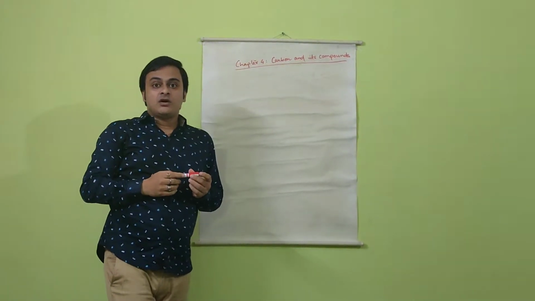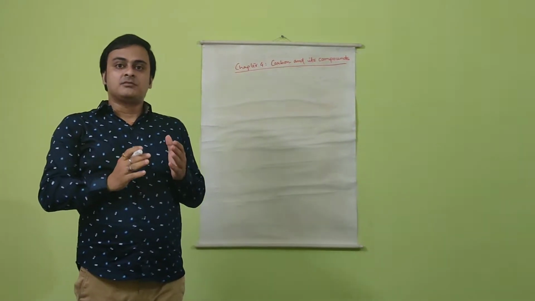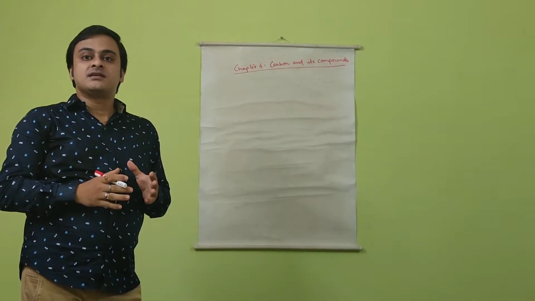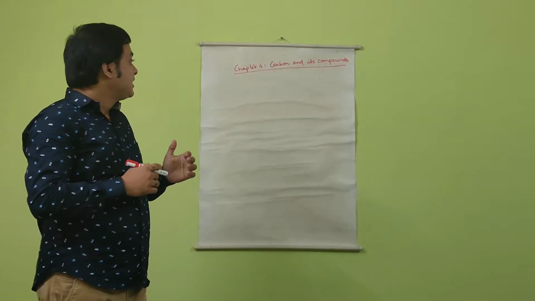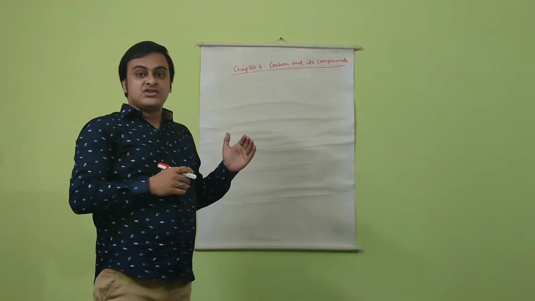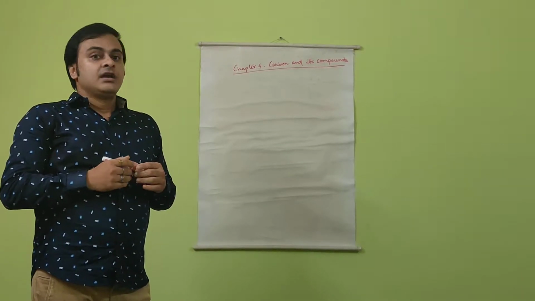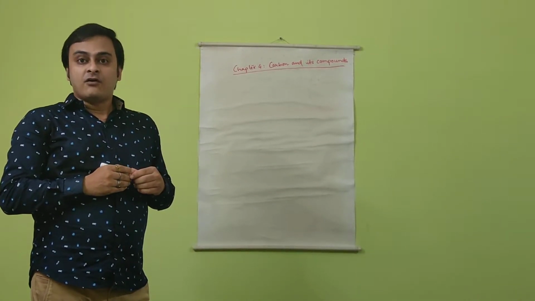Now, as we all know, carbon is an element in the periodic table which is considered to be a non-metal. Its position in the modern periodic table is in group 14.